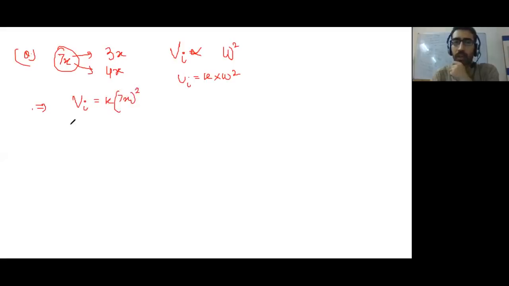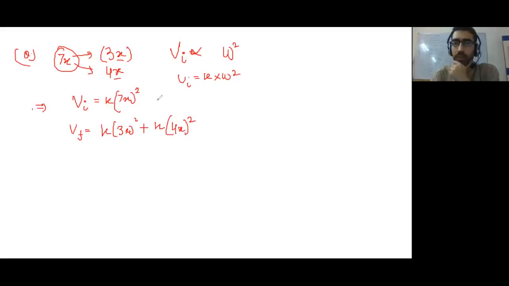And the final value of the two pieces must be the values of the two pieces. The value of the piece that has weight 3x must be k into (3x) whole square, and the value of the piece of weight 4x must be k into (4x) whole square.